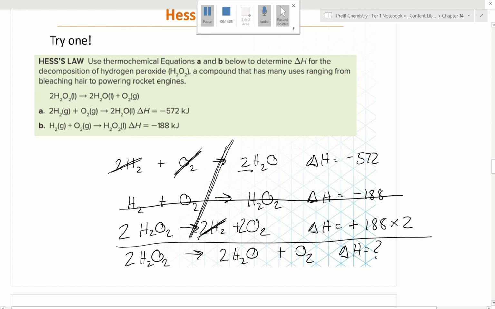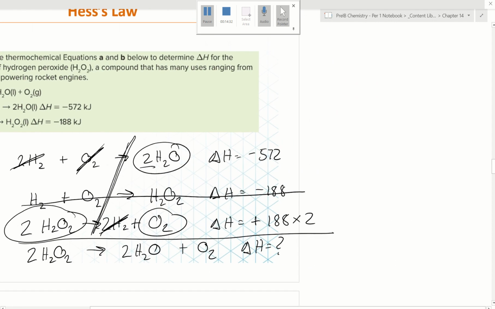So instead of it being 2O2, I'm just going to say it's 1O2 because I canceled one right there. All right, so now that I've canceled that, I'm going to make sure that I've got everything I want. I have 2H2O2 yields 2H2O plus O2, and that's everything I'm looking for.